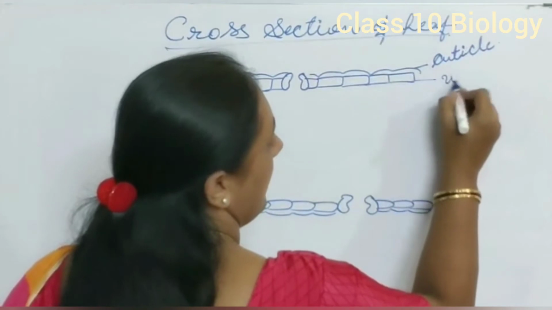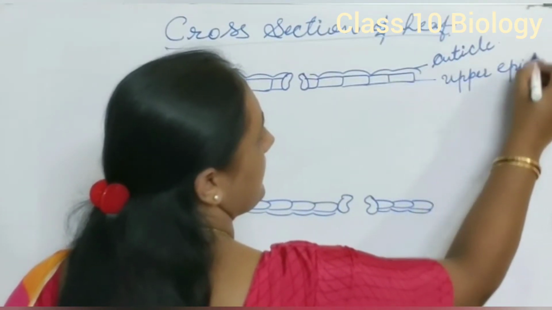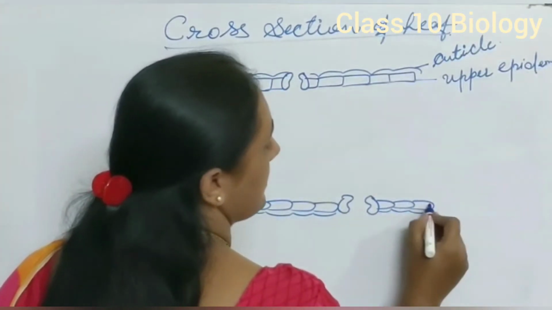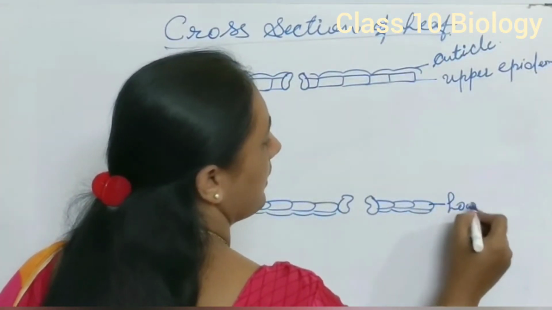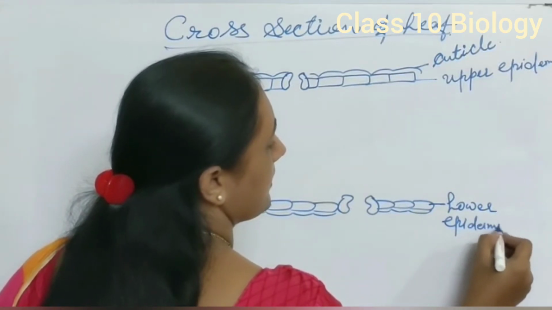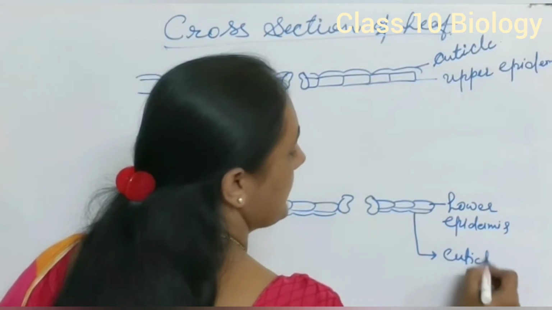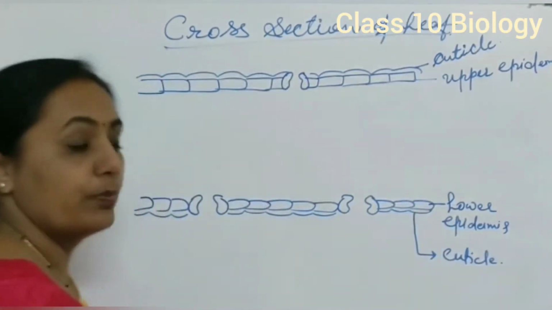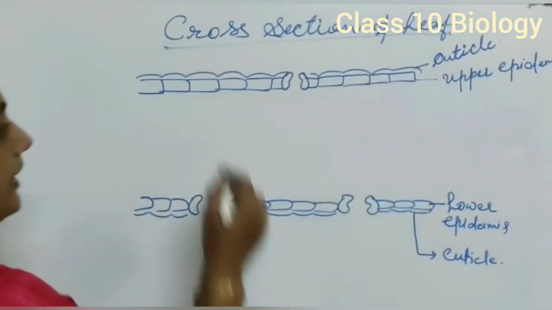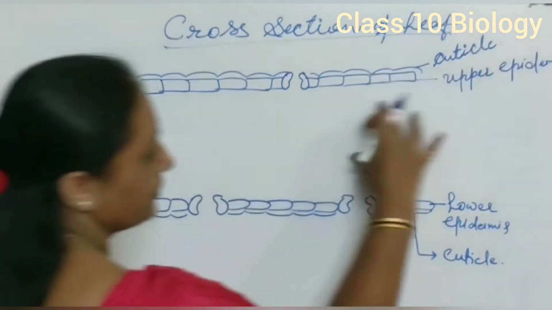This is upper epidermis. This is lower epidermis. This is cuticle. As I told, the role of cuticle is to prevent loss of water and the role of epidermal cell is to protect the inner cell of the leaf.